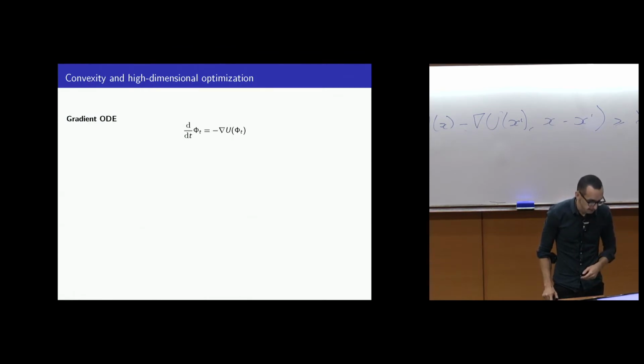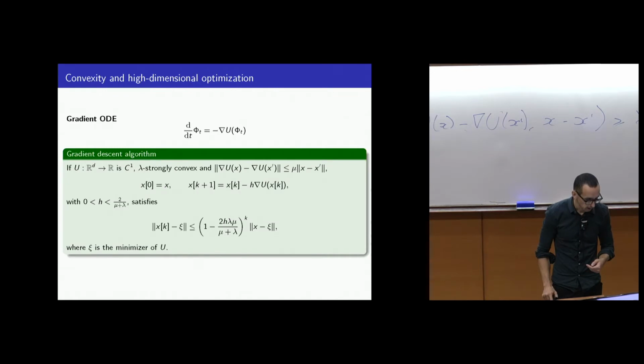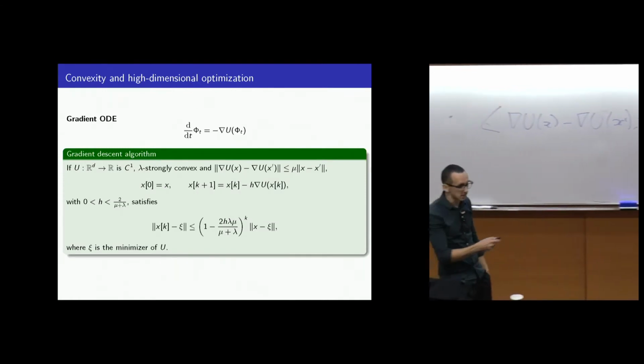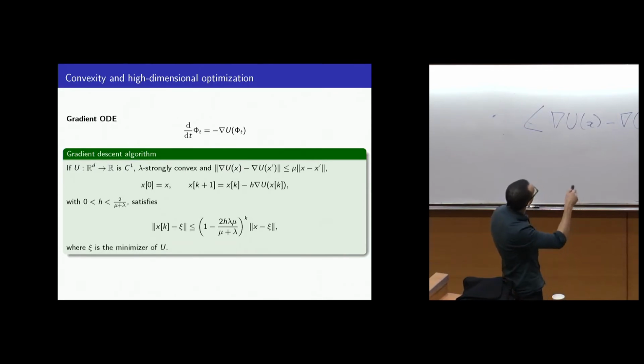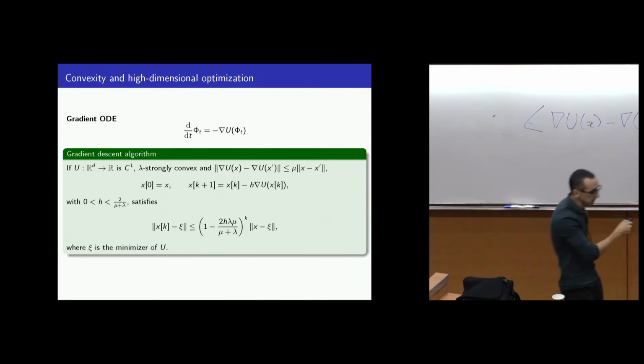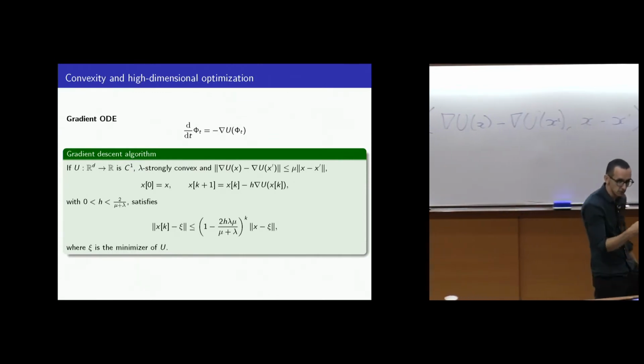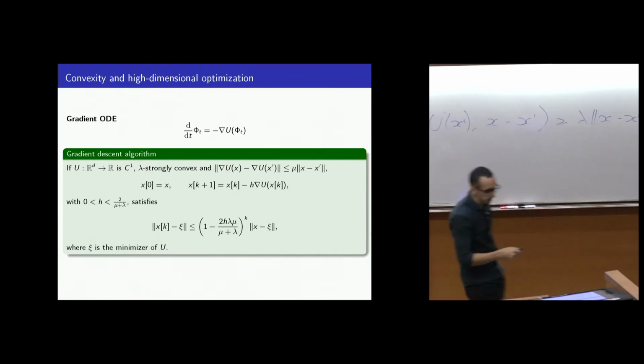What are the implications of this convexity condition? Well, let's suppose we're concerned with optimization. We can write down an Euler discretization of that ODE, assuming the same convexity, and also this Lipschitz condition, which is enough to make sure that the Euler scheme is stable.